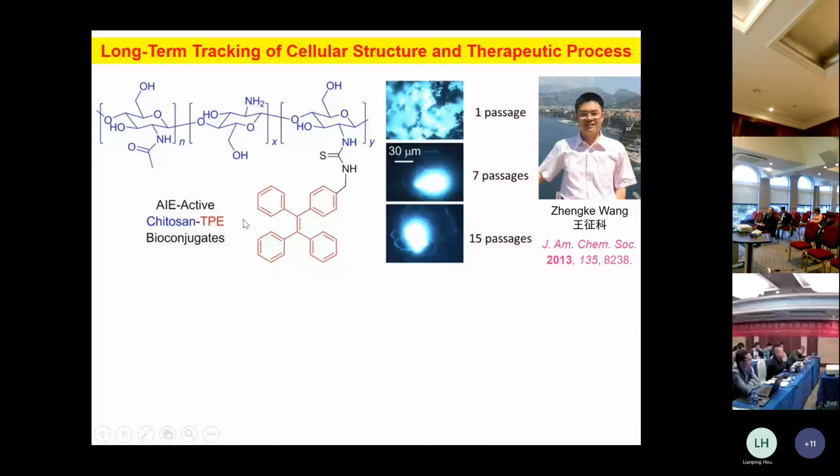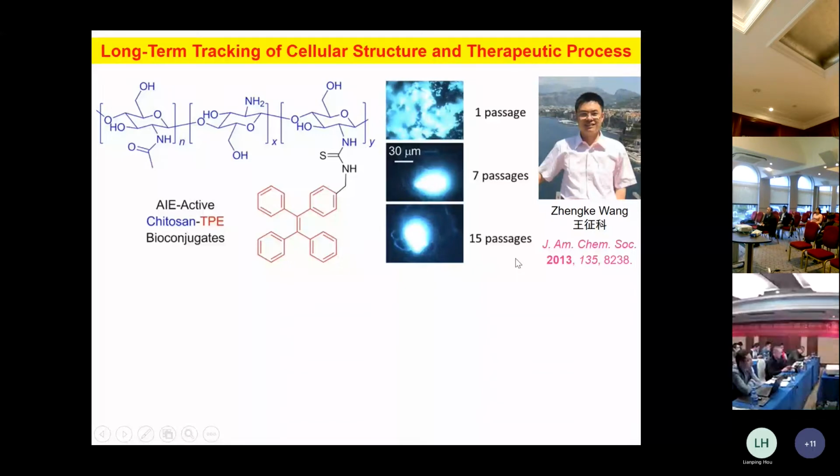This is the AIE gene called TPE, tetraphenylethylene. This is a very simple chemical reaction to attach it to a biopolymer called chitosan. And this bioconjugate will enable us to monitor cancer cells for up to 15 passages.